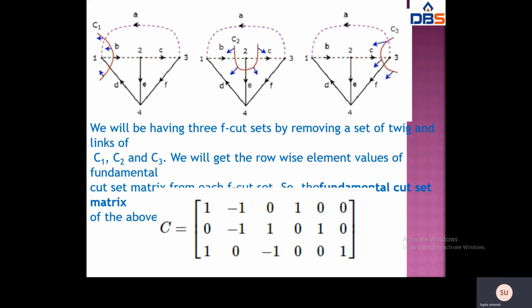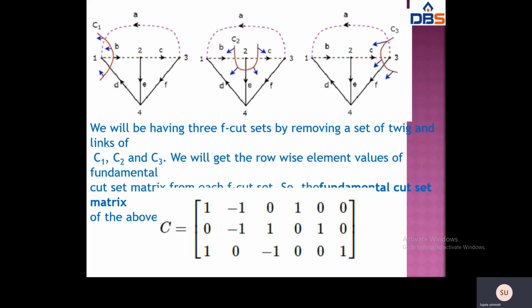So C1, C2, C3, we will get the row wise element values of fundamental cut sets. So the cut set matrix from each fundamental cut set, the fundamental cut set matrix of the above considered tree will be C equal to C1, C2, C3.